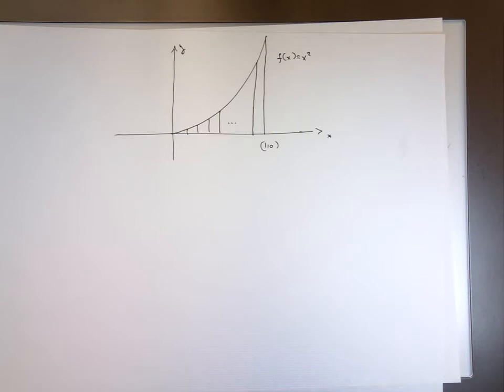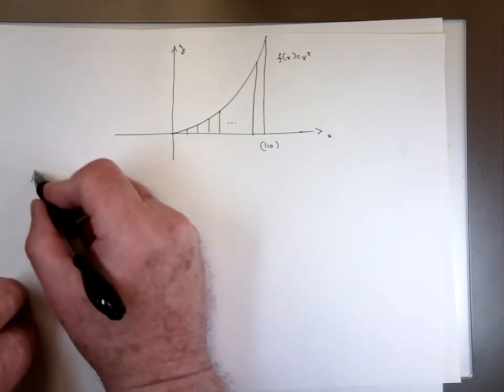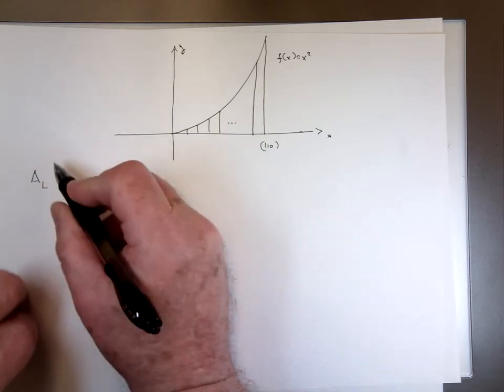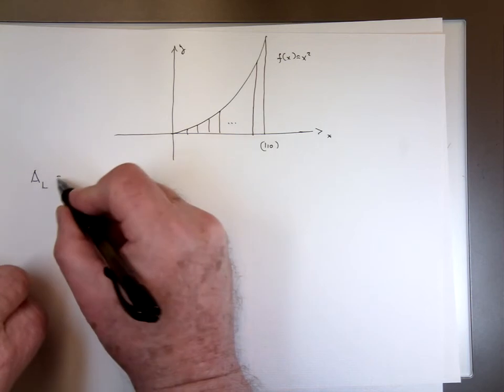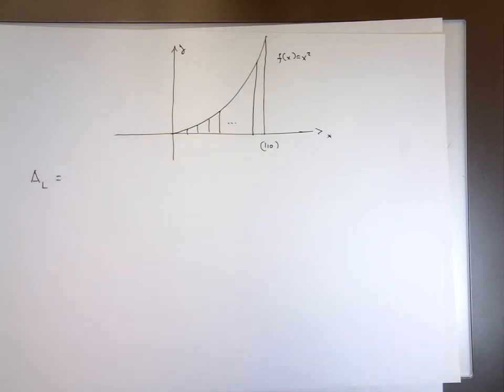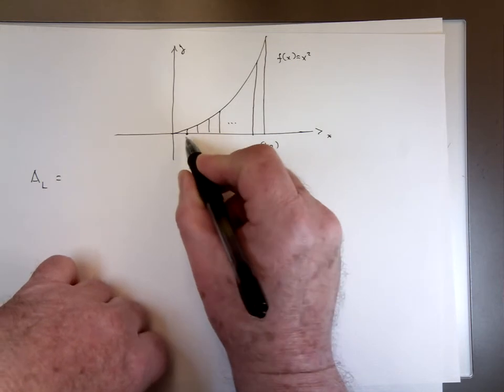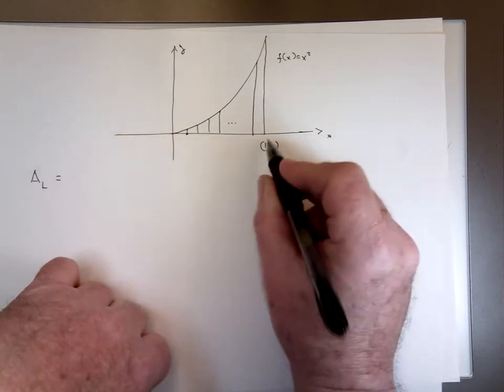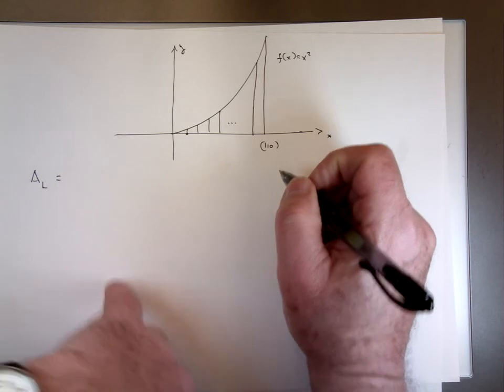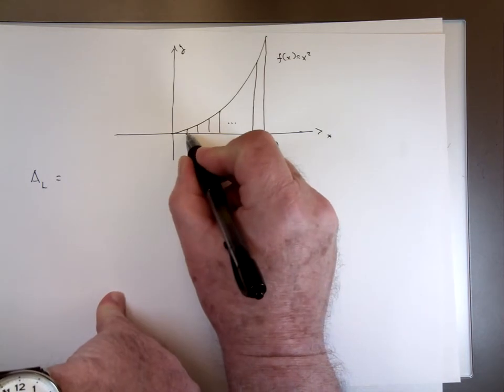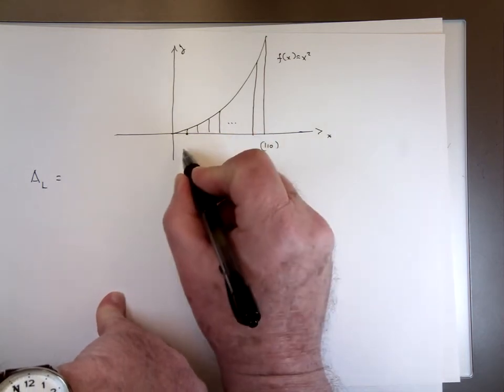The area in terms of left endpoints is equal to... Now, what are the coordinates of this first point? If I'm going to divide this up into n equal subintervals, what are the coordinates of this point right here? The first one.